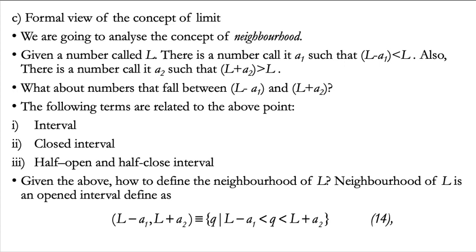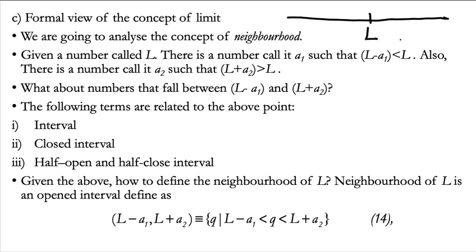Let's say we take a number, call it L. I put it in the form of a line like this, so that it's much easier to show you in the form of an illustration. After that, I can show you in the form of a formal graph. Okay, so let's say I get a number, call it L, and L is situated here.